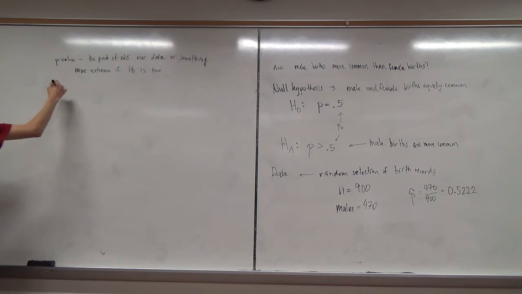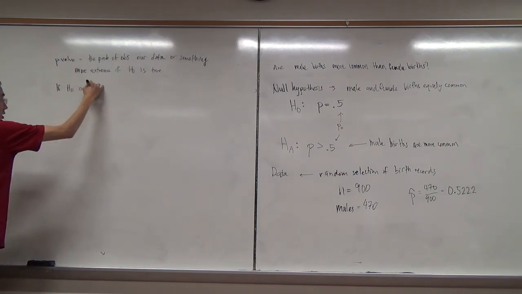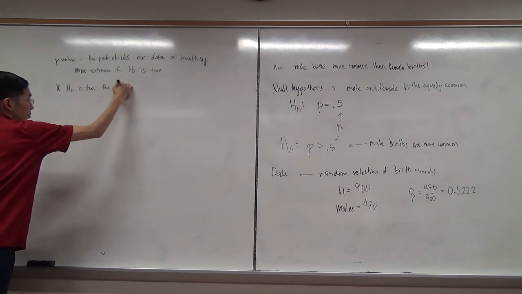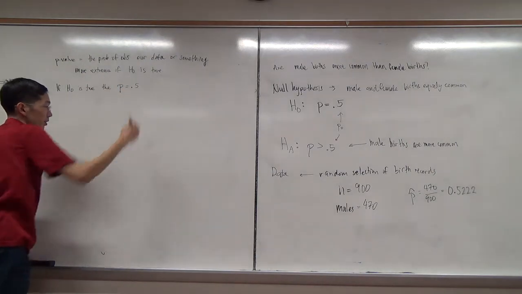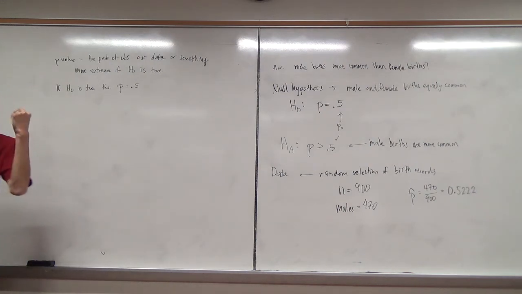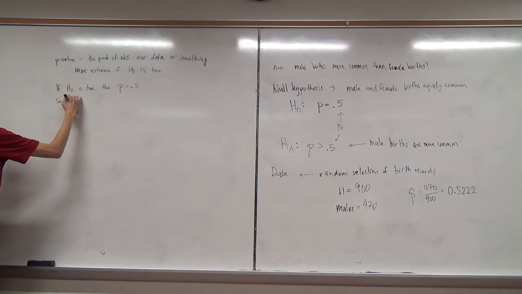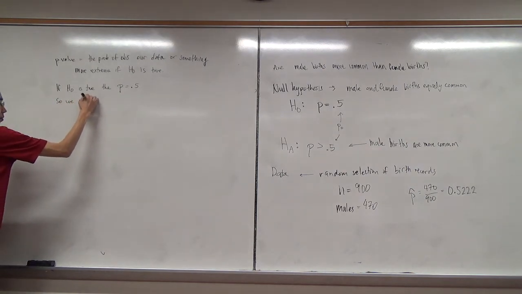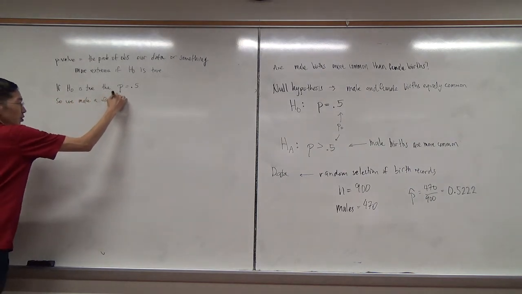So if the null hypothesis is true, then p is equal to 0.5. All right? And so we can create a sampling distribution for p hat. Okay? So we make a sampling distribution of p hat.